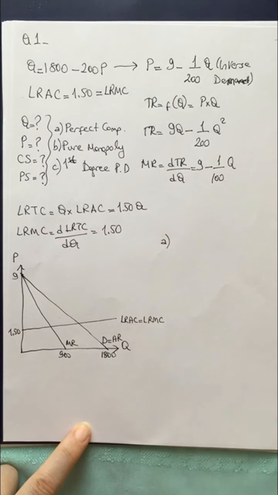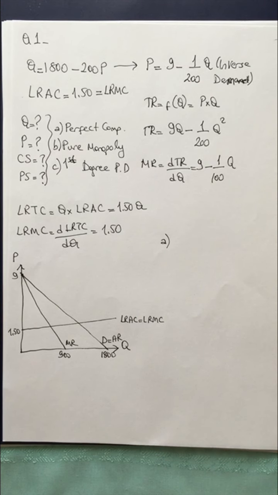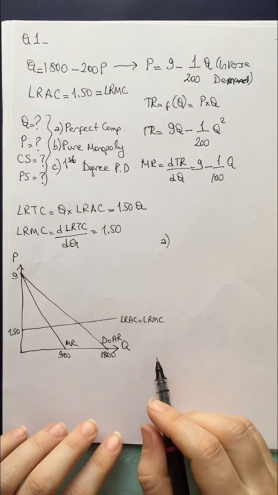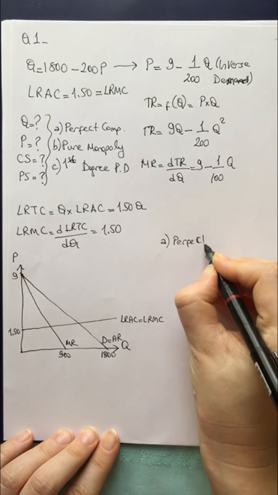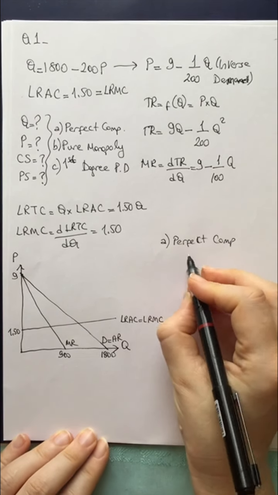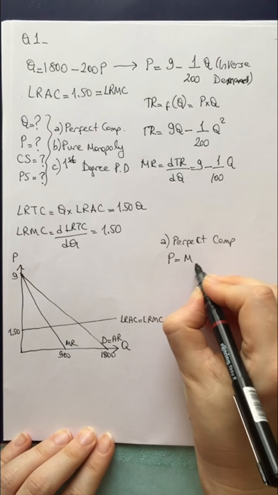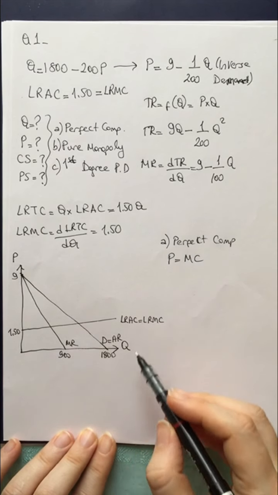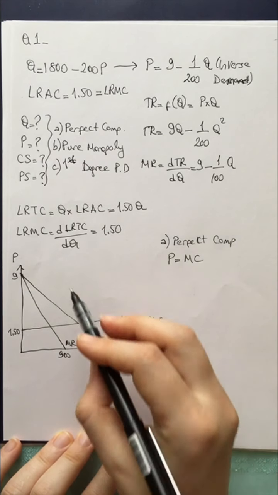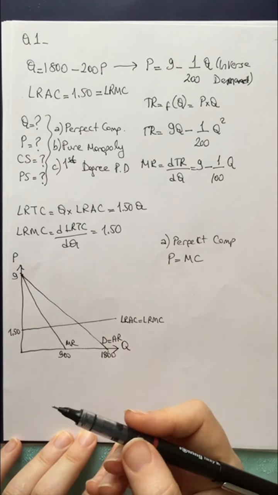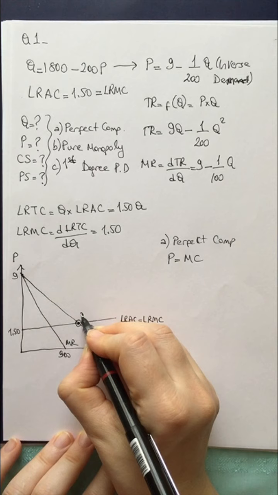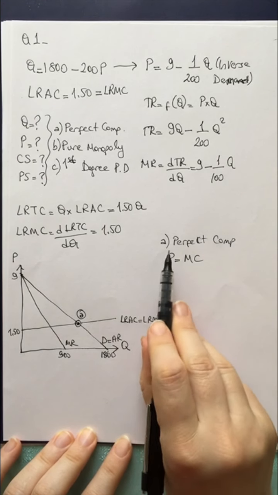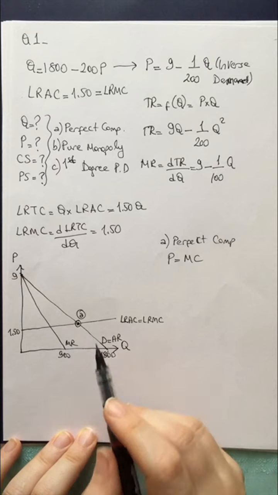Now, for question A, it asks for the profit maximizing level of output and price for a perfectly competitive market. Please remember, for perfect competition, the profit maximization condition is price equal to marginal cost. Price is determined on the demand function, and this is the horizontal marginal cost. Let's say the point where price equals marginal cost is point A, because it's question A, and let's find it.